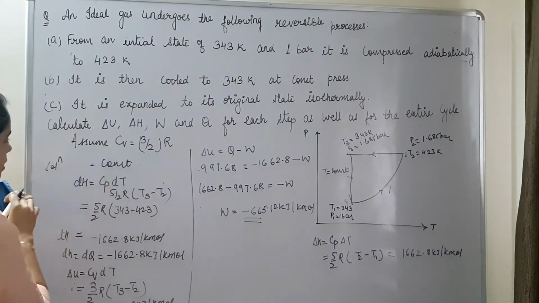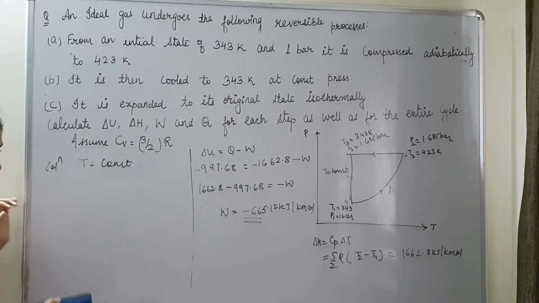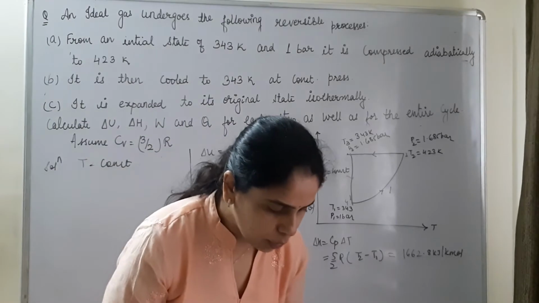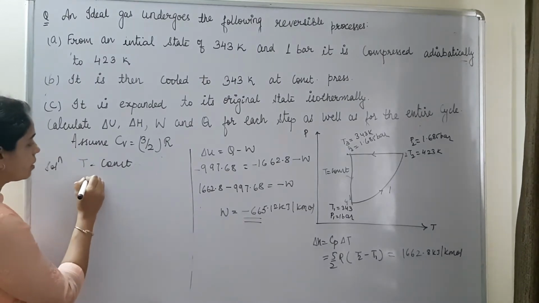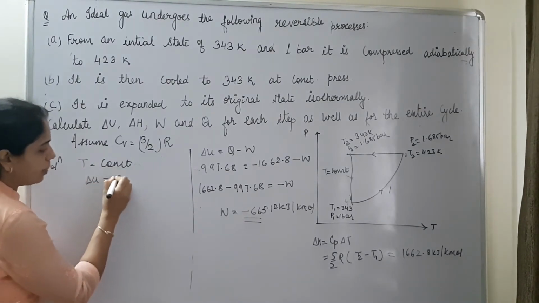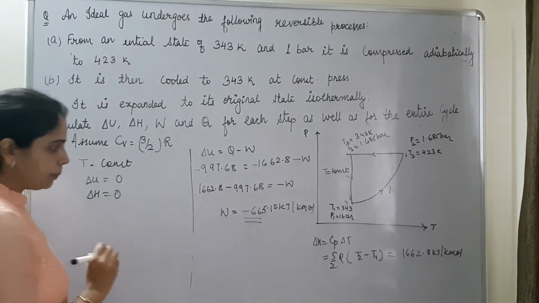Now here the temperature is constant, and we know that when the temperature is constant, delta U is 0 because internal energy is only a function of temperature, and delta H is also 0 for the third part. Fine.